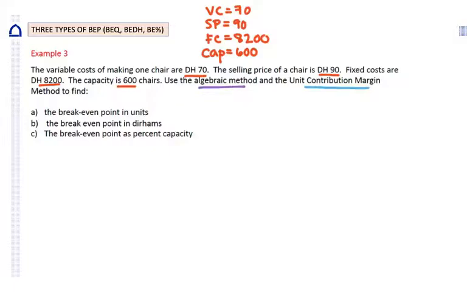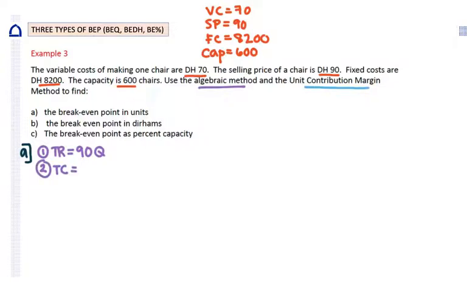So we'll start with part A, the algebra method. The first thing you're going to do is find the total revenue equation, which is selling price times quantity, so it's 90Q. Second, you find the total cost equation.